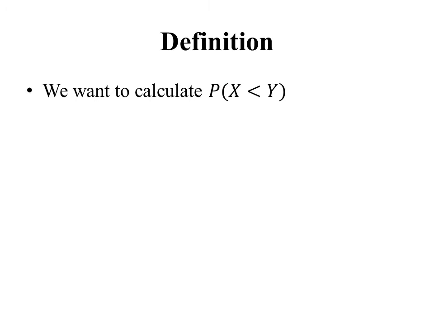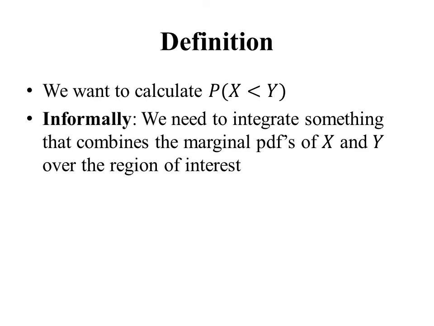And so to calculate this, kind of using the same terminology as in our first example, we're going to need to integrate something. So informally, we're going to need to integrate something that combines the marginal PDFs of x and y over the region of interest.